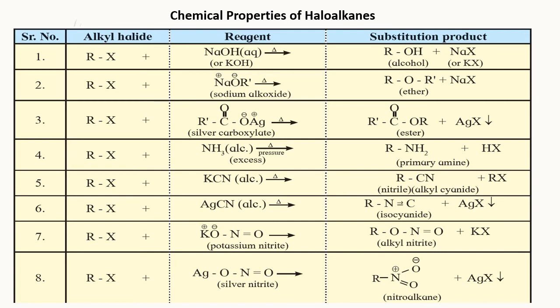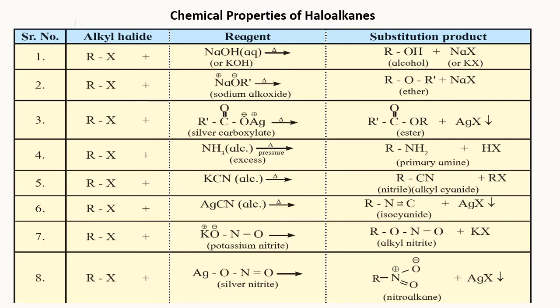Fourth one, RX plus NH3 alcoholic excess giving rise to RNH2 plus HX. Primary amines are formed. When alkyl halide is boiled with excess of alcoholic solution of ammonia, the corresponding amine is formed. This reaction is known as ammonolysis of alkyl halide.